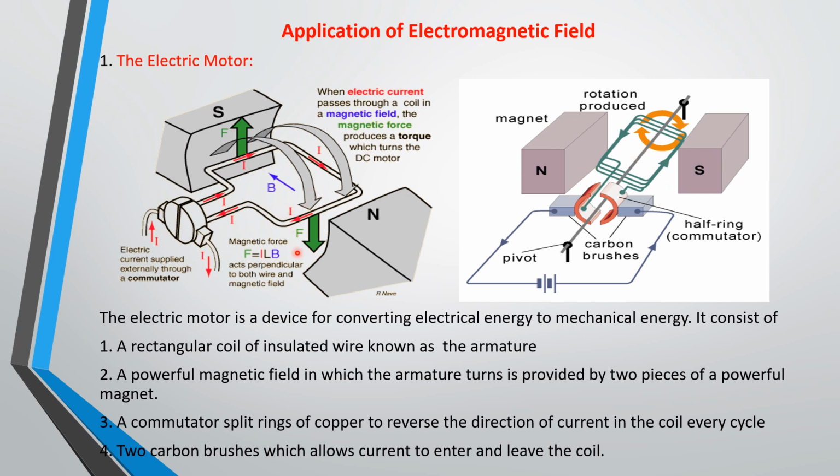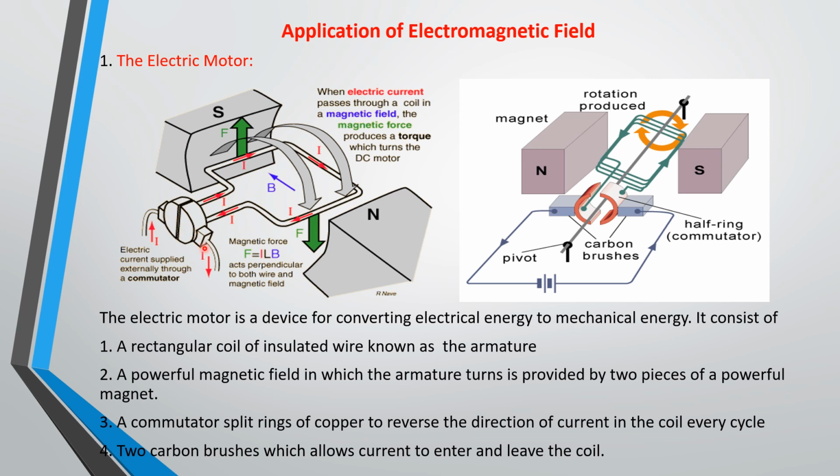Then there's a commutator, a split ring of copper. This is the commutator split ring. Look at it here, this round one is a commutator split ring. What it does is help to reverse currents. Then you have the carbon brushes. There are two carbon brushes.